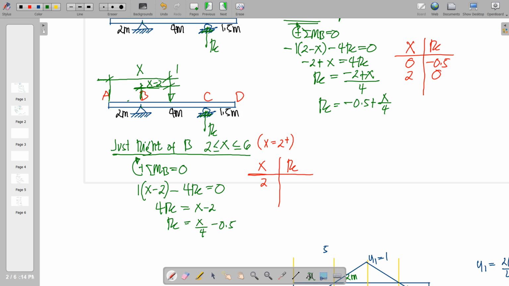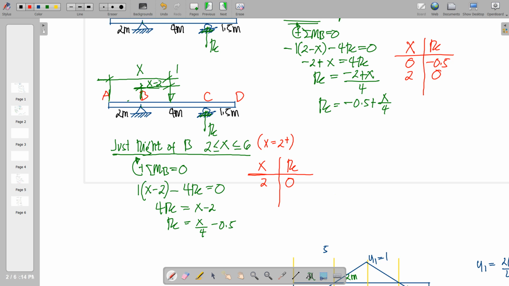So this is the range, x is 2 to 6. If x is equal to 2, then 2 over 4 is 0.5, minus 0.5, so we will yield a value of 0.